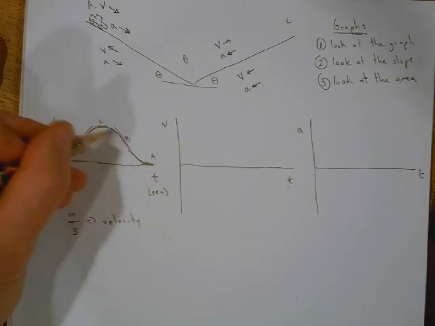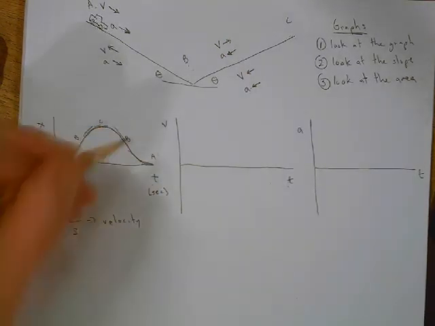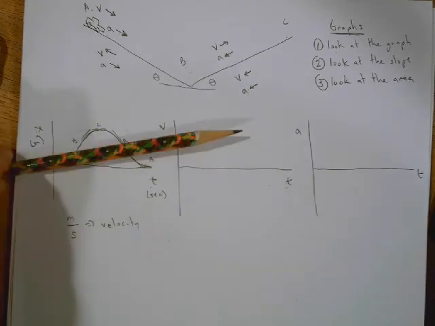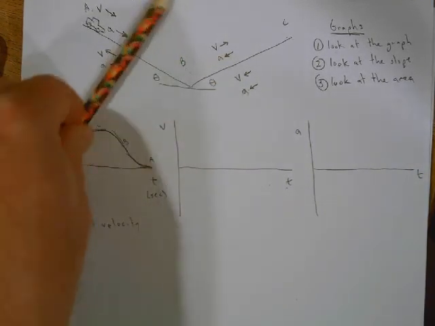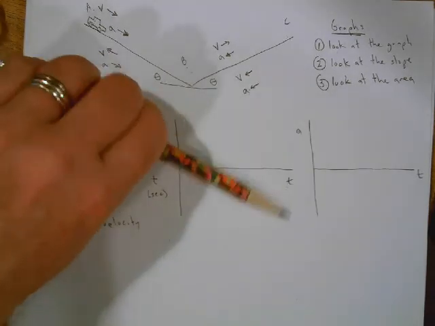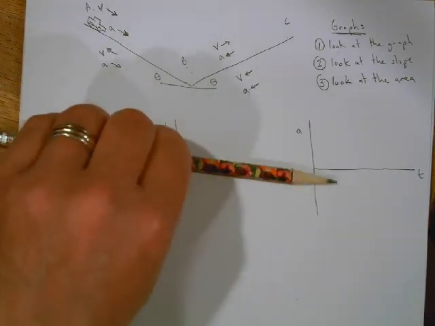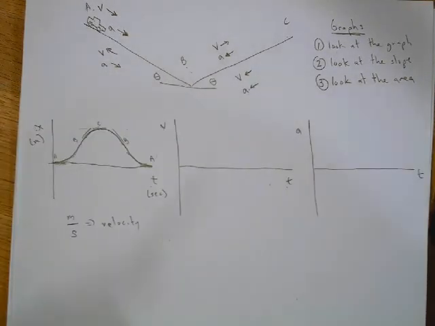It's getting less steep for this part, so I'm slowing down. It's getting steeper, so I'm speeding up. It's getting less steep, so it's slowing down. Or if you like, take your pencil and just do this as I move along, and you can see how the slope changes. Okay? All right, so there's my x versus t graph.